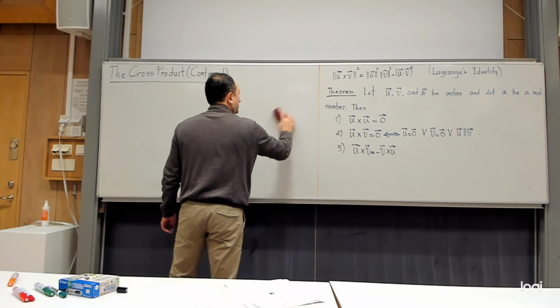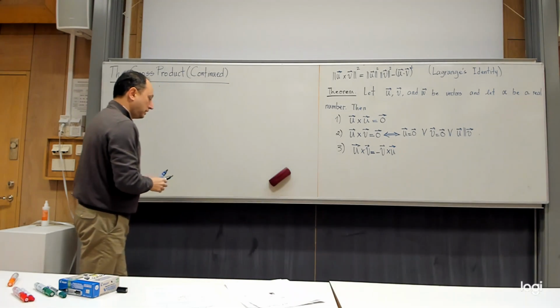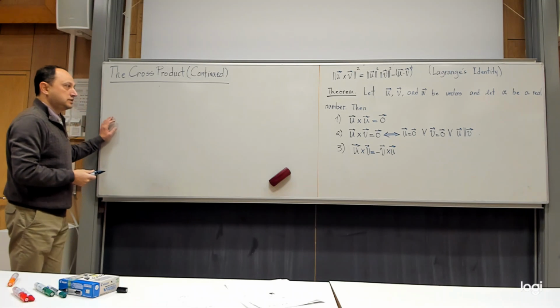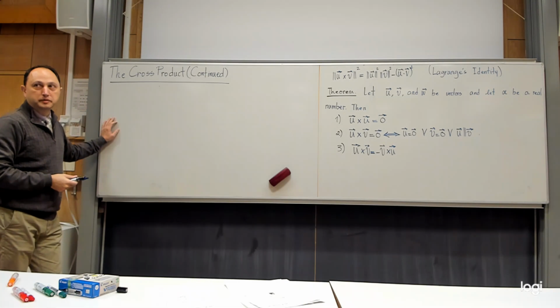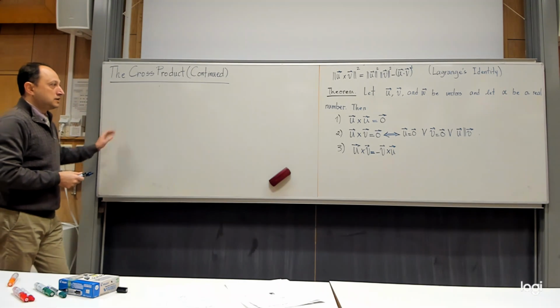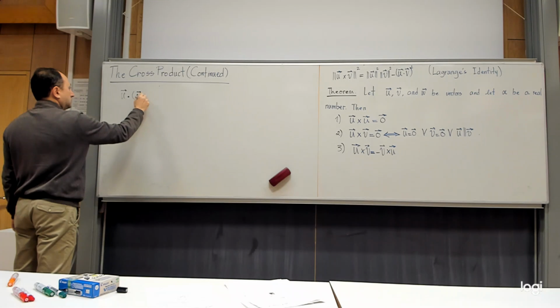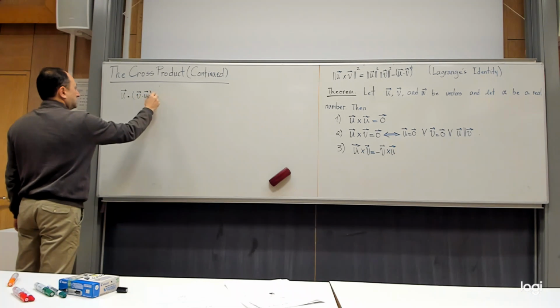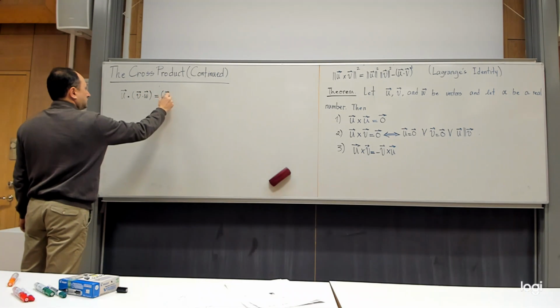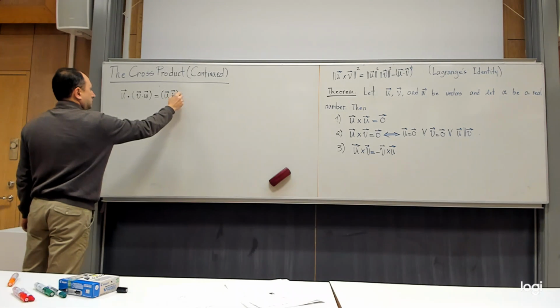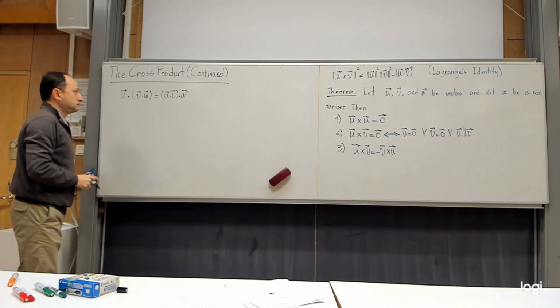Do you remember when I was talking about the dot product, I asked you about associativity of the dot product. Do you remember what the point was? So something like this. Yes, do you remember?